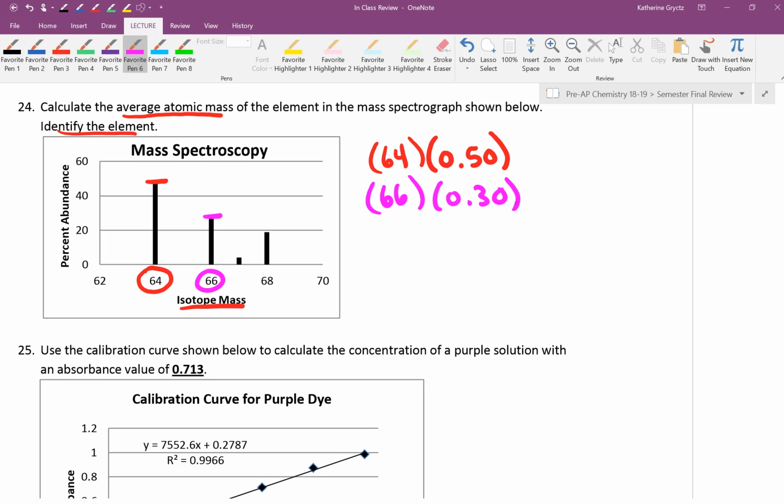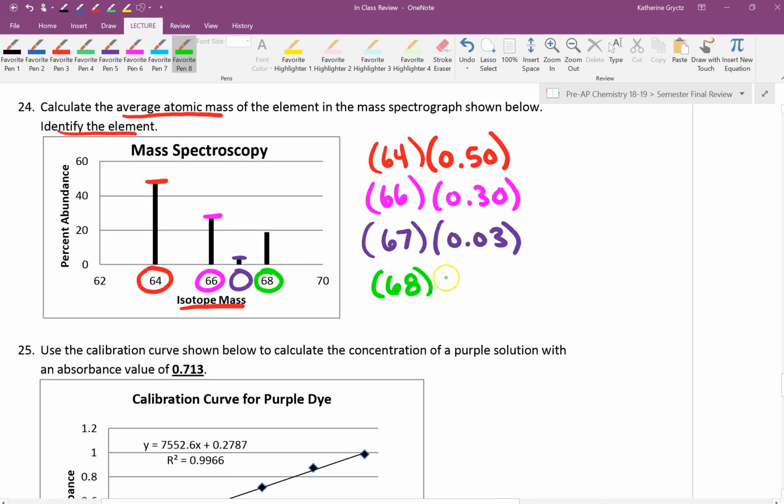Then I've got an isotope that weighs 67, and I'm going to ballpark that as, let's go with 3%. You could have something different. I'm just going to use 3% here. And then I've got an isotope that weighs 68, and I'll ballpark that. This one I have to be 0.17.